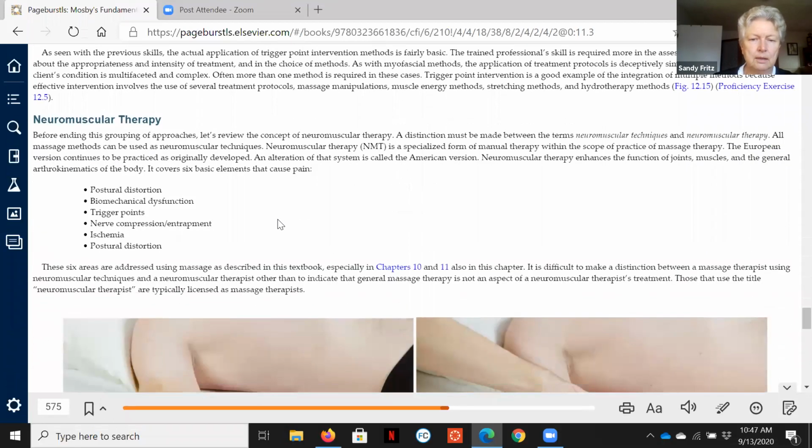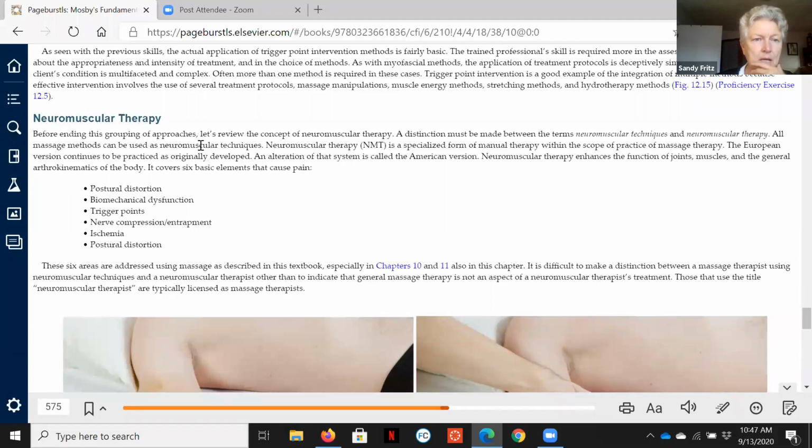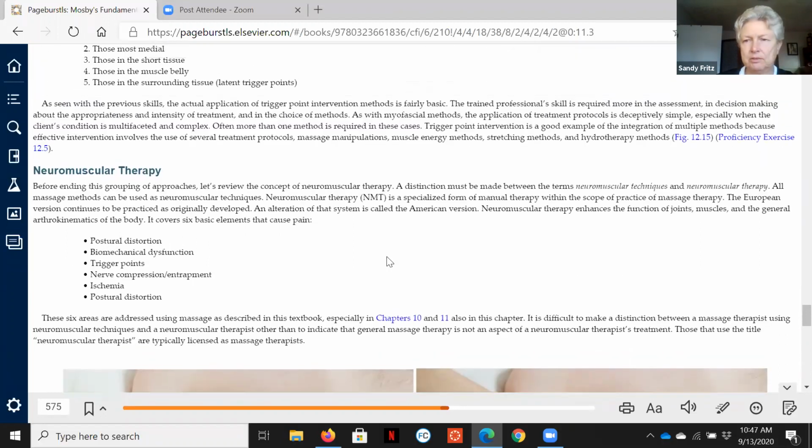So this sort of thing often is combined in what's called neuromuscular therapy. So you can have myofascial work that's inclusive of the trigger point, or you can have trigger points pulled out and called neuromuscular therapy. And that again has separated itself out to be a unique system, and there are continuing education providers going around teaching neuromuscular therapy.